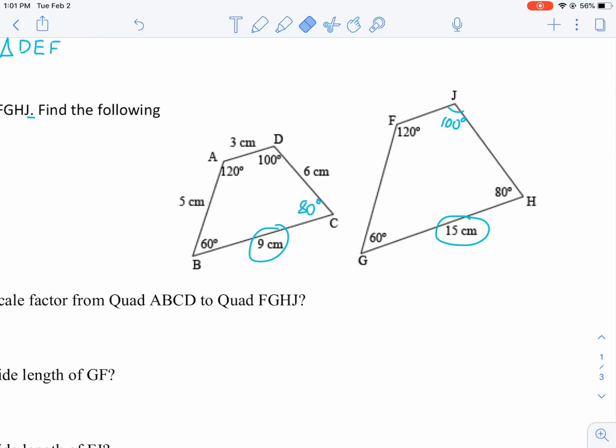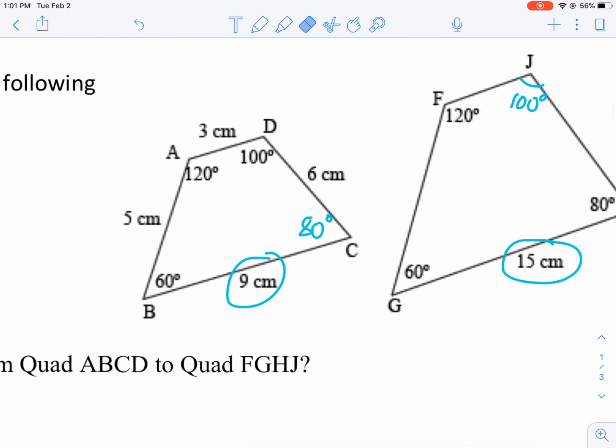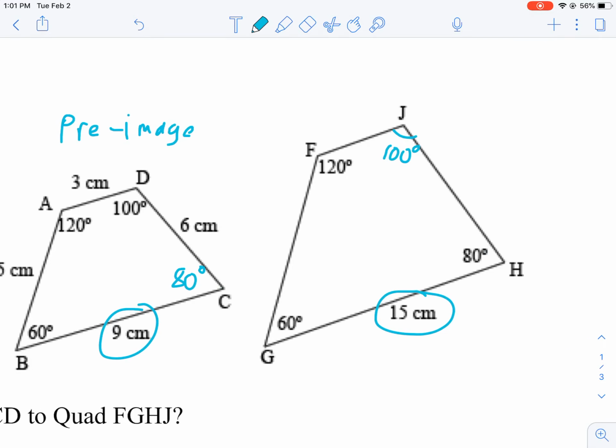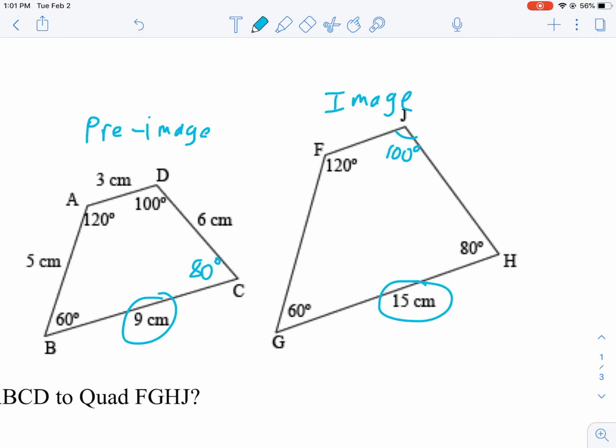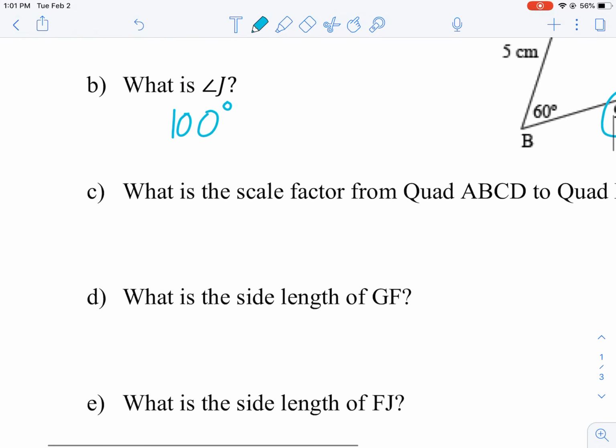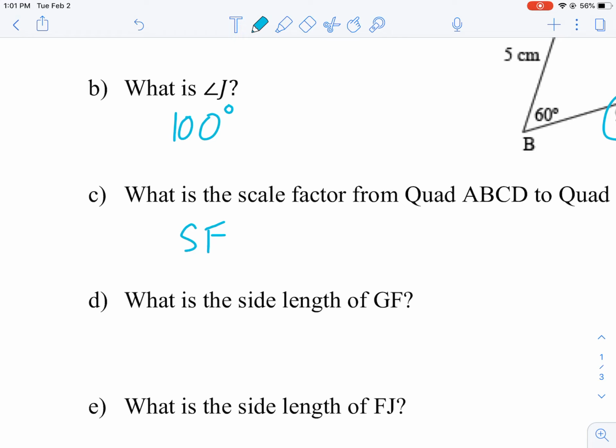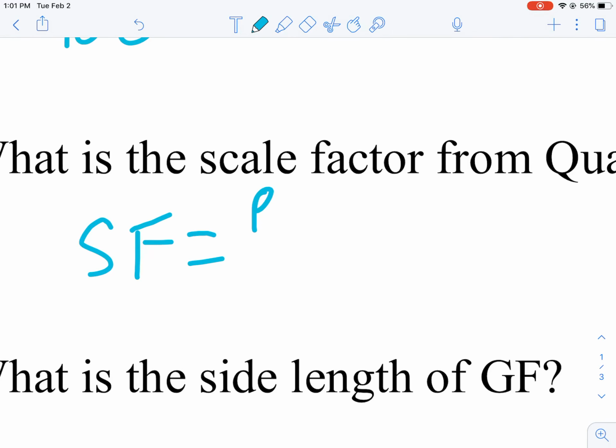So let me just label this real quick. So this is our pre-image, right? And this is our image. In order to find the scale factor, all right, the scale factor is always going to be a pre-image.